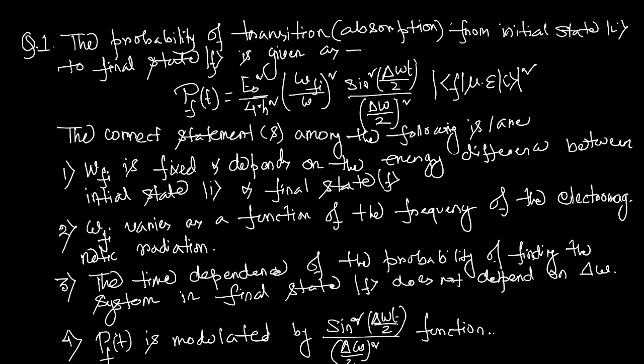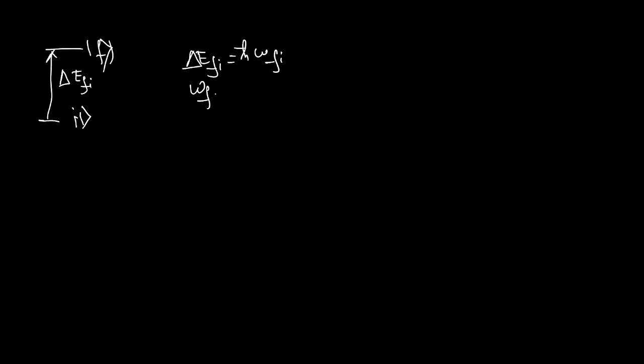Now, what the first option is saying is that omega FI is fixed. So omega FI is nothing but, if there are two states, and I mentioned that the energy gap is delta E FI, then delta E FI is equal to h cut times omega FI, so omega FI is equal to delta E FI by h cut.